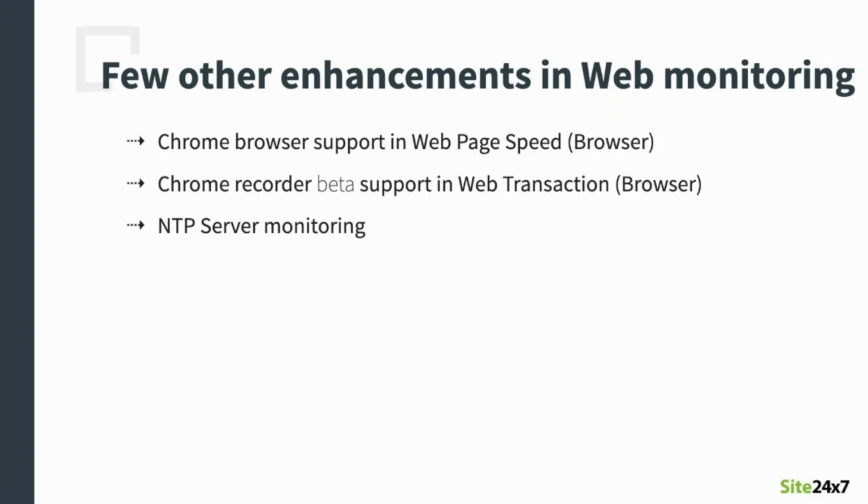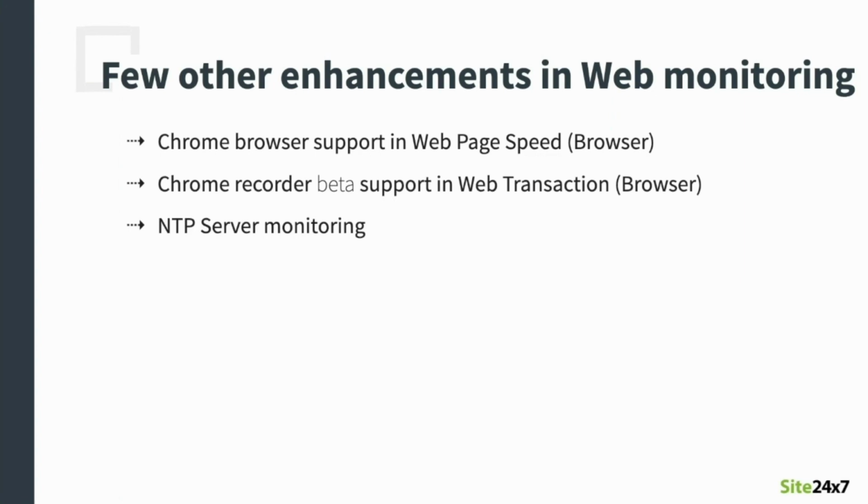Now you can also select Chrome as the browser through which your website will be monitored while configuring the web page speed browser. The second enhancement is a Chrome recorder support for web transaction browser. While adding a new web transaction browser monitor, you can now choose a Chrome recorder instead of the pre-existing Firefox recorder on Mac and Windows.